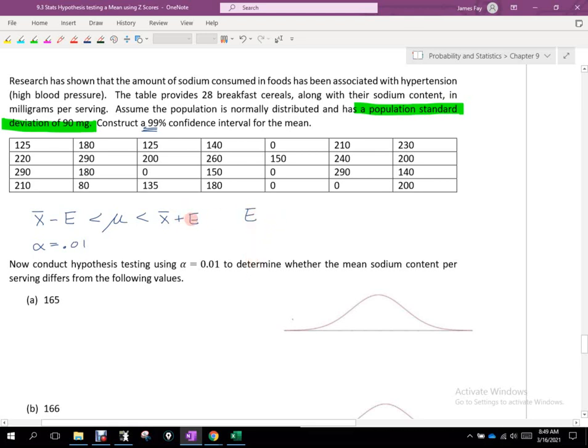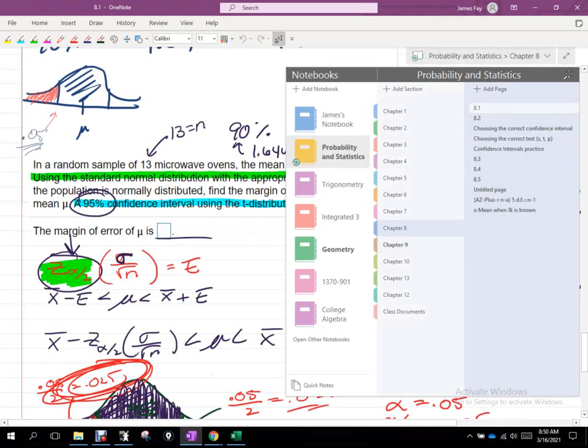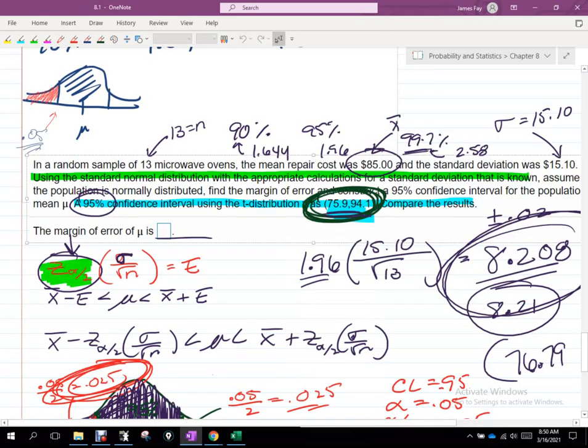Okay. Now, our error, this capital E here, if you remember, is found by taking the z of alpha over 2 times our sigma divided by root n. Okay, and I'll come back to this, but jump to section 8.1 real quick. And that's what we're seeing here.